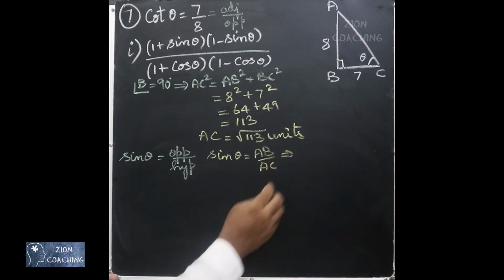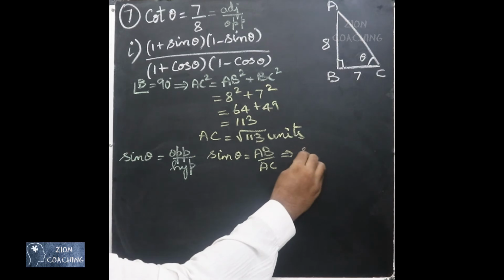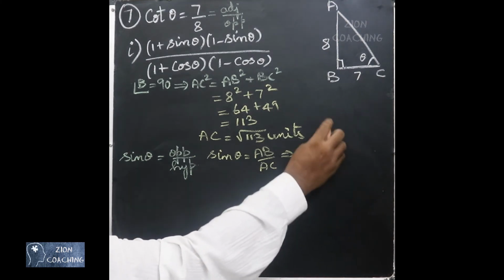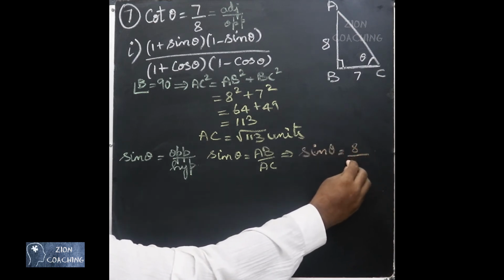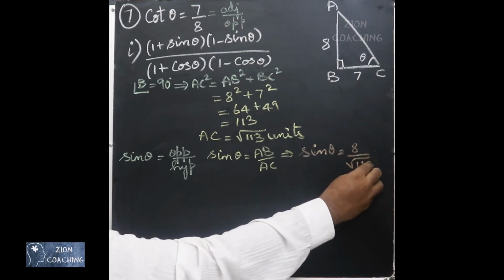So we are going to get sin theta is equal to AB is 8, then AC is root of 113. Now we have found sin theta.